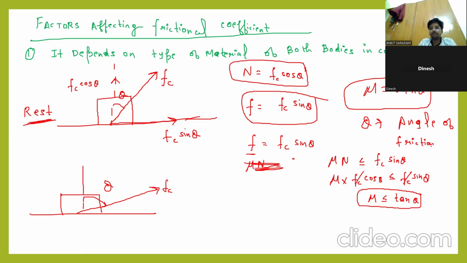You know the value of friction lies between 0 to mu N. It can be less than that, or it may be equal to this. Mu N is also the static friction value.